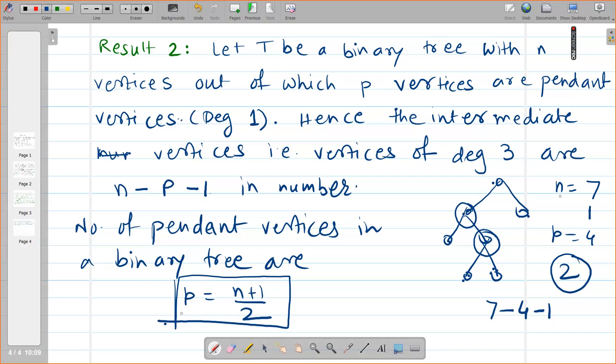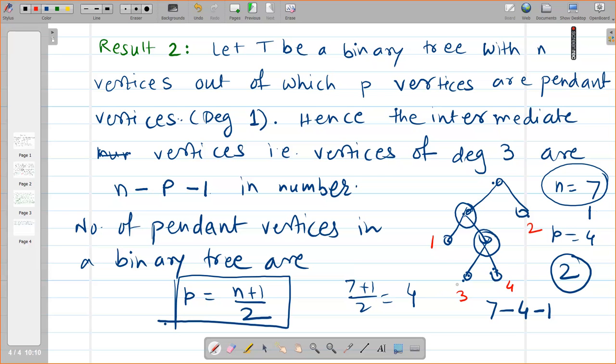Okay, so see here, what is n? What is n, girls? 7. So 7 plus 1 by 2, that is 4. 8 by 2 is 4. And here we are getting 4 pendant vertices, yes or no? 4 pendant vertices, 1, 2, 3, 4. Okay.